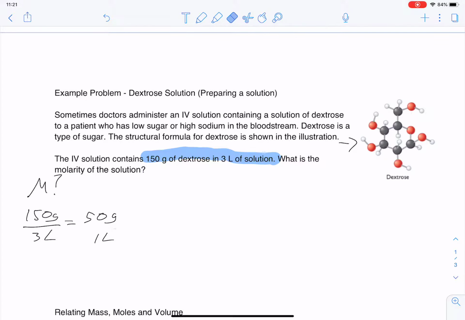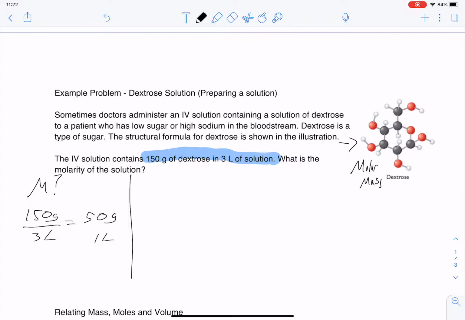The next thing we need to do is find the molar mass of dextrose. If you see, there's no chemical formula anywhere, so we're going to have to find the chemical formula. Remember, in models, the black spheres are carbon, red spheres are oxygen, and the white spheres are hydrogen. So we're just going to do some counting.